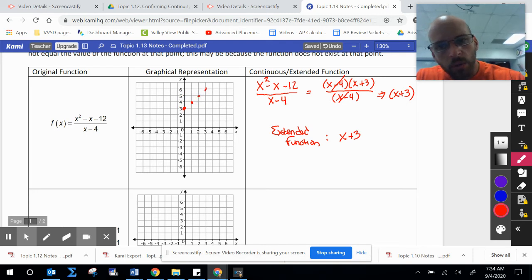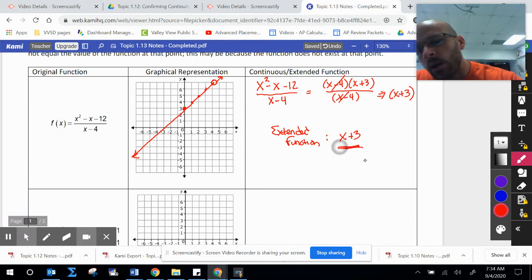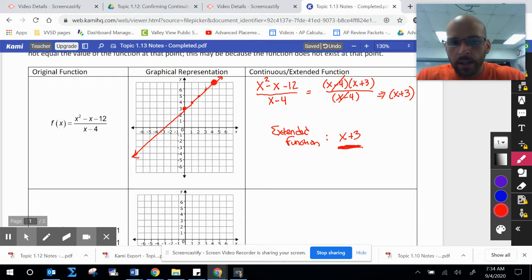Now, the original graph had a hole at 4. But the extended function is now a linear piece with that hole filled in. That's ultimately what an extended function is: how can I write this so that it is ultimately the same but without the original discontinuities.